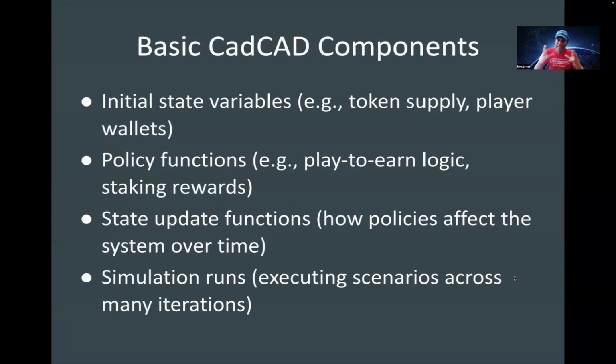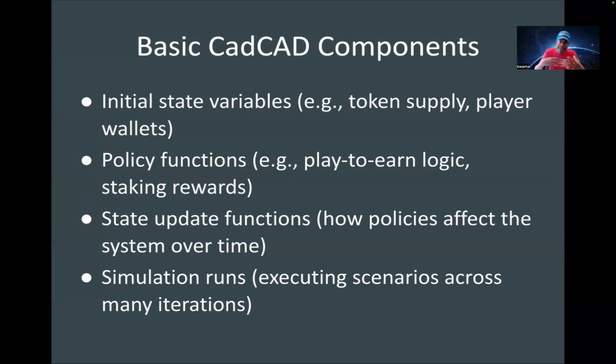So, what are some of the major components? These are going to be things that change state, our state variables, our token supply, player wallets. Do we have any policy functions? These are based around the game mechanics of our game. As we have an example here, play to earn logic, staking rewards, state update functions, how policies affect over time.